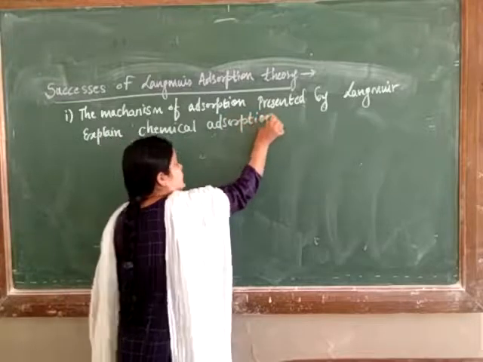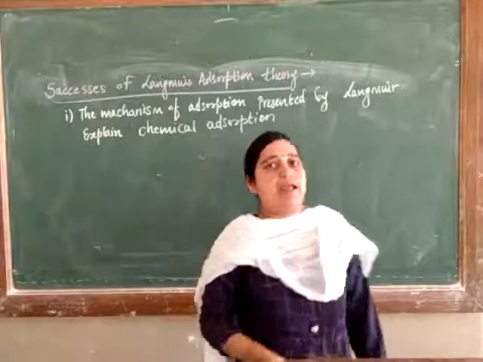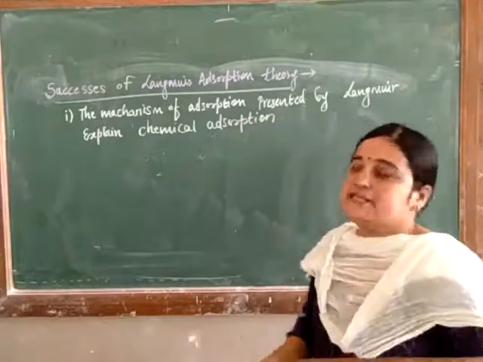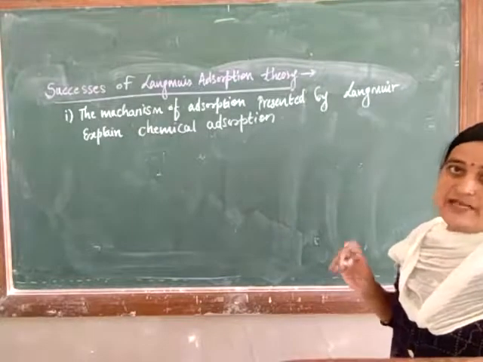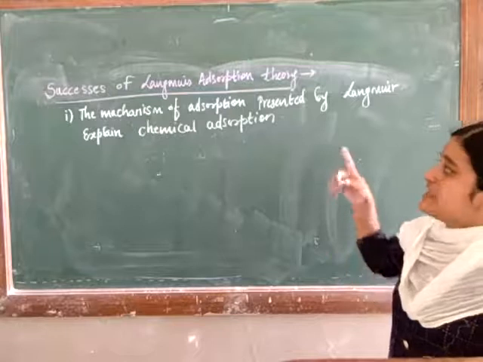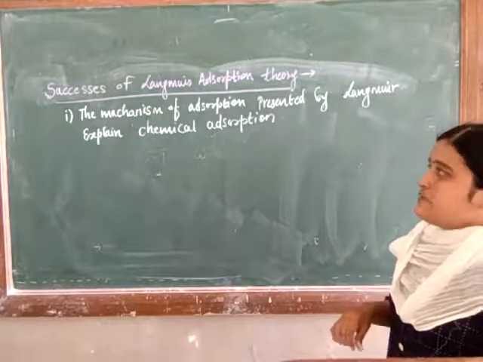The mechanism of adsorption presented by Langmuir explains chemical adsorption, which means how adsorption takes place by chemical reactions can be explained by Langmuir itself.